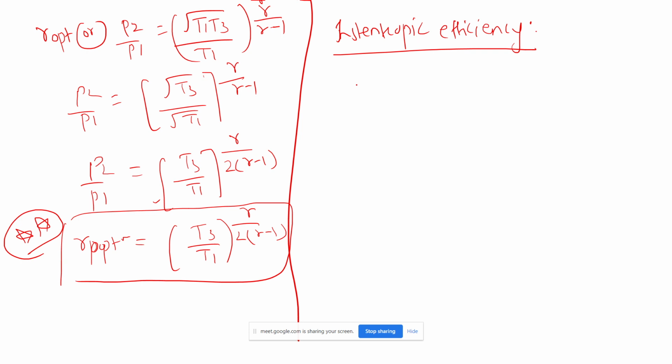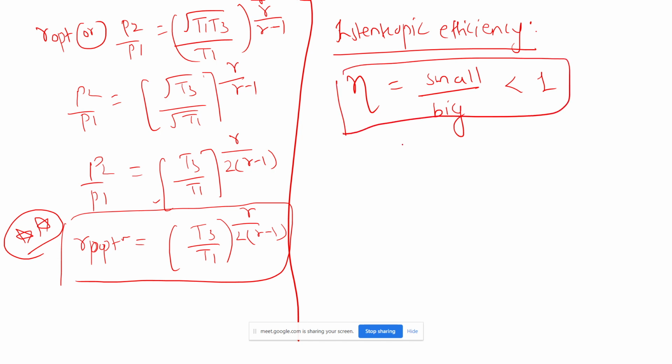Just remember efficiency: in the exam no one is going to ask you what isentropic is. Efficiency is basically small upon big, because it should always be lower than one. So something small will be in the numerator and the big term in the denominator, and efficiency is always less than one.